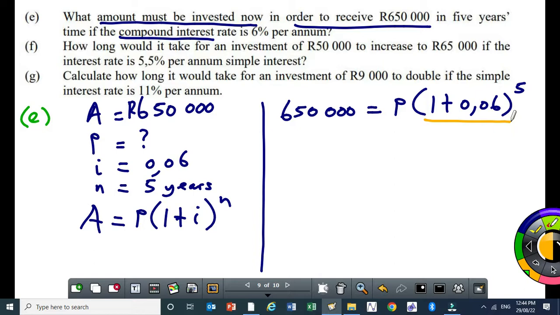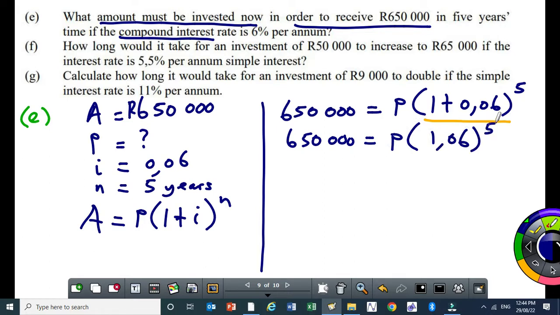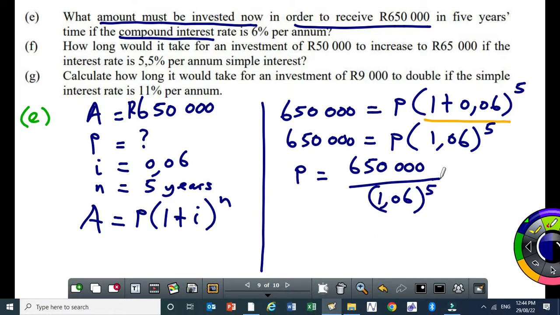I can simplify it and write this as 650,000 equals P times 1.06 to the power of 5. Then the next thing is to divide both sides by the exponential term, which means P will be equal to 650,000 divided by 1.06 to the power of 5.